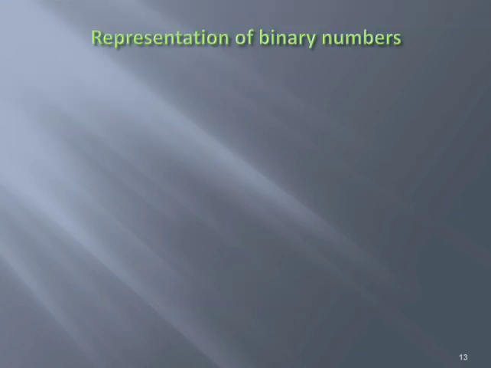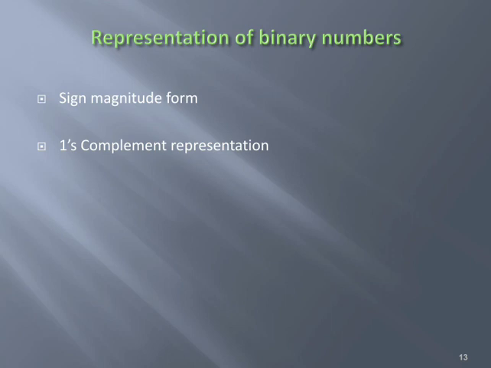Next, similarly we will see there are different representations of binary numbers. If you want to represent negative numbers or positive numbers, how to represent negative and positive numbers in binary. So this is nothing but representation of a binary number. There are different forms.